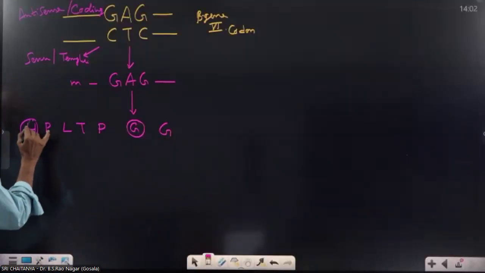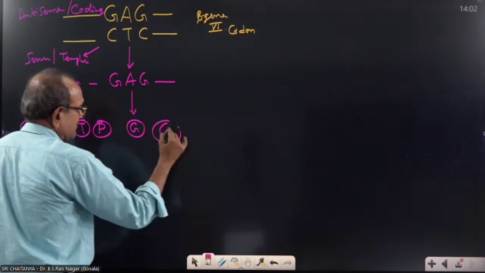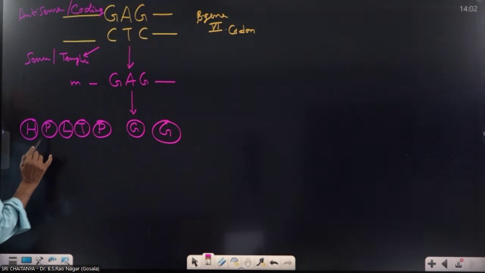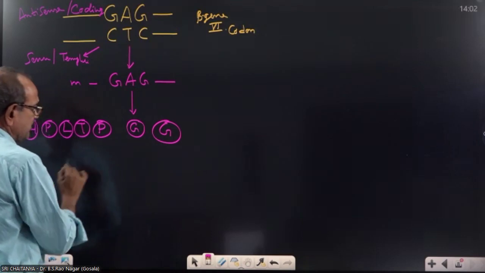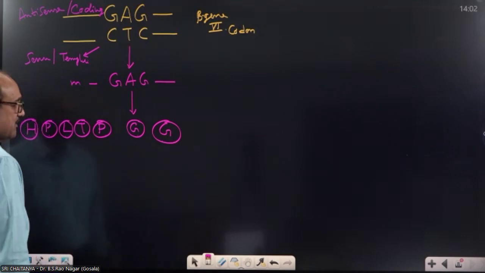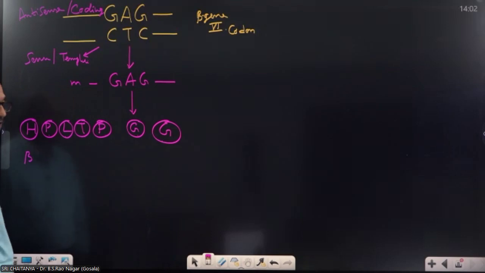These are the first, second, third, fourth, fifth, sixth, seventh amino acids of the beta chain: histidine, proline, leucine, threonine, proline, glutamic acid. This is the normal beta chain amino acid sequence.